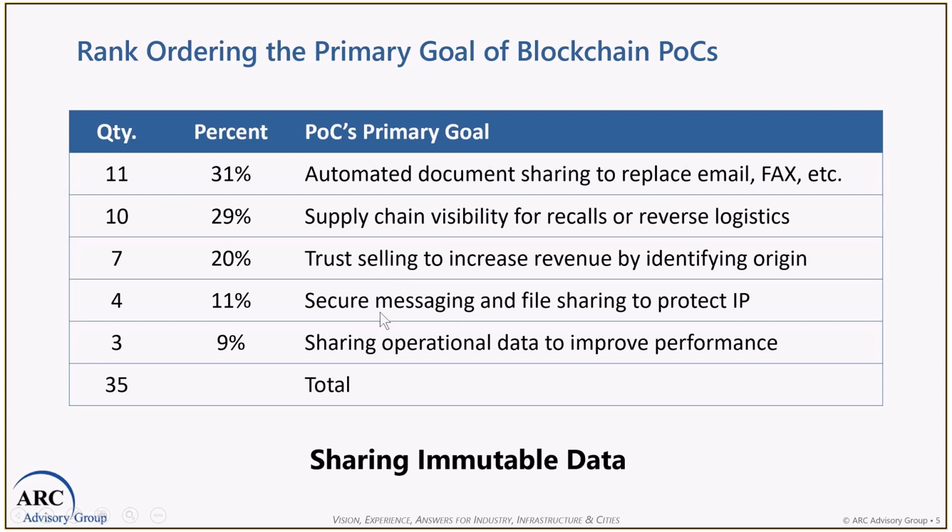Secure messaging. This is around protecting IP, and 3D printing is an example. Sharing operational data among people who could be potentially competitors. So this is kind of a co-opetition example, and I'll go over one in the power industry for this one.